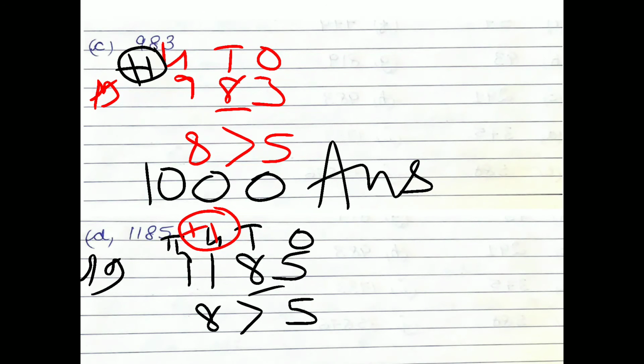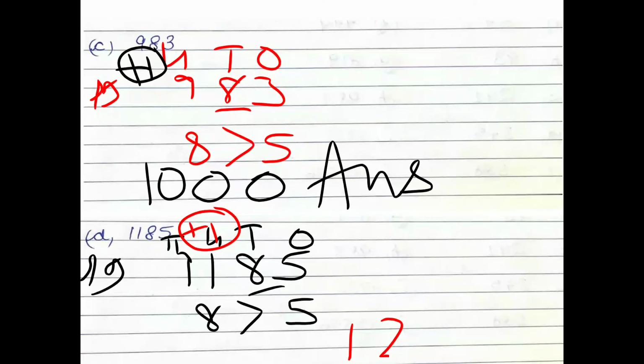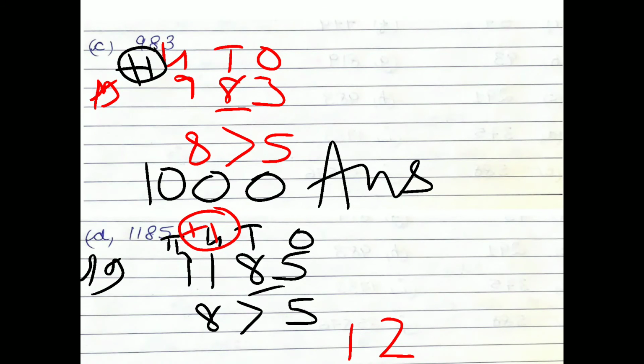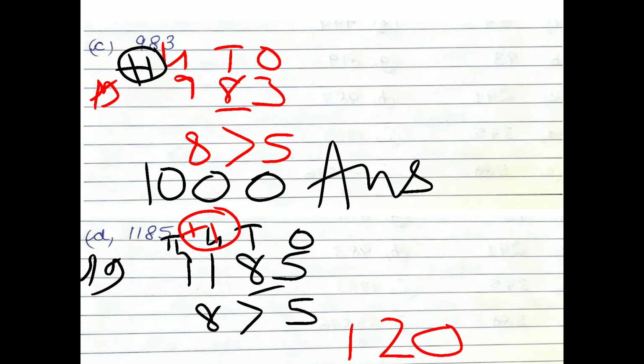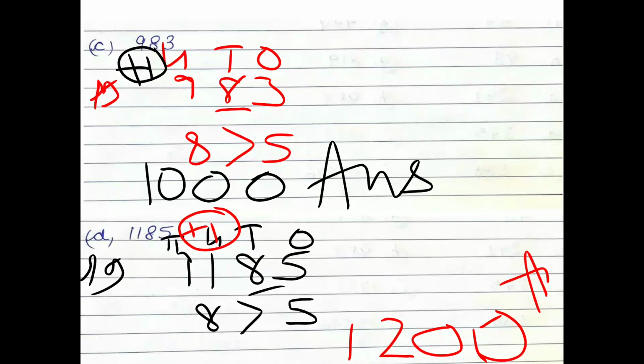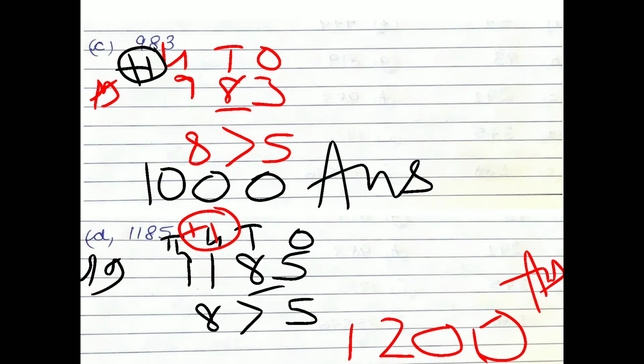So the thousands place is 1, that will come as it is. The hundreds place is 1 plus 1, it becomes 2, and the underlined digit becomes 0, and after that the ones place also becomes 0, because if the bigger place becomes 0, then its smaller place also becomes 0. Clear?